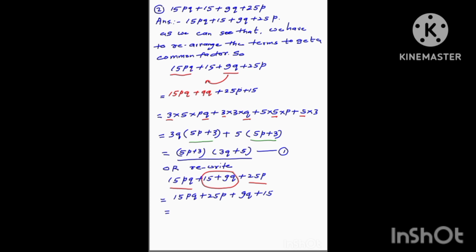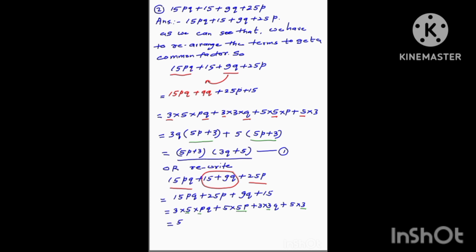Now split or factorize each term, in a similar way as we have done previously. 3 into 5 into pq plus 5 into 5p plus 3 into 3q plus 5 into 3. Now see what is common. 5p is common, and there 3 and 3 is common.